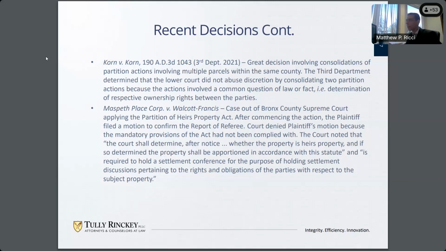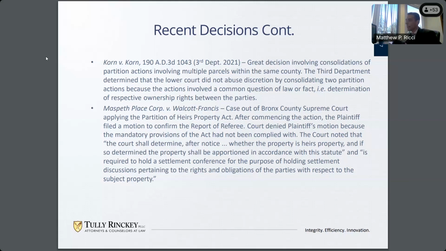What they explained this meant is that the common question was really the determination of the respective ownership rights between the parties. All of the parties owned each parcel subject to partition action, and because each parcel was in the same county, the court was able to consolidate those actions into one.